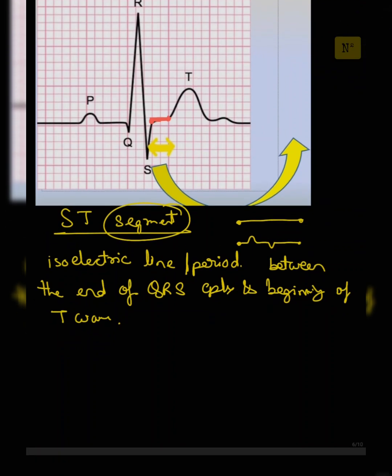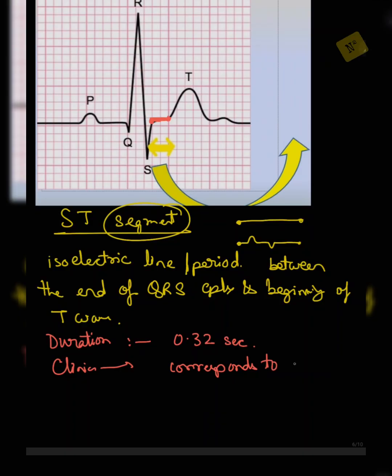Usually the duration in a normal cardiac rhythm is 0.32 seconds. The clinical significance is that it corresponds to ventricular repolarization.